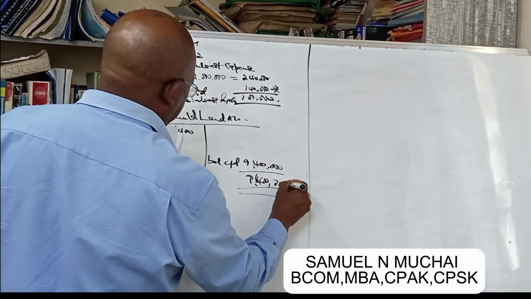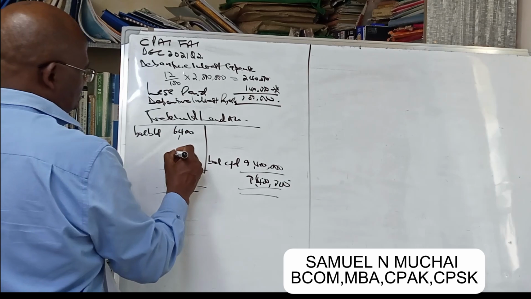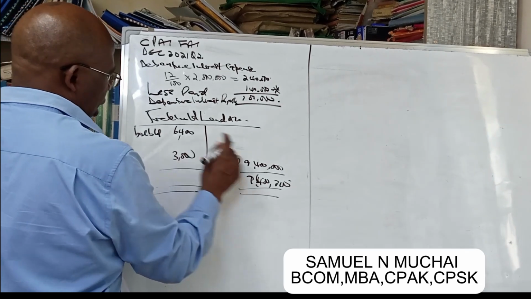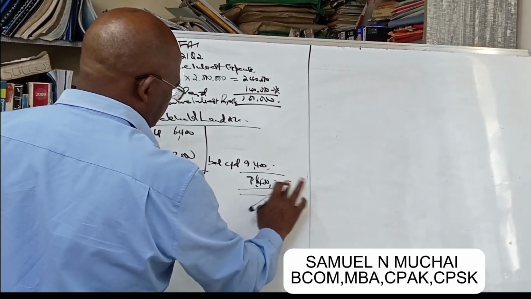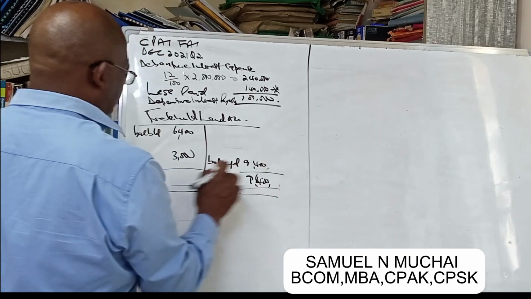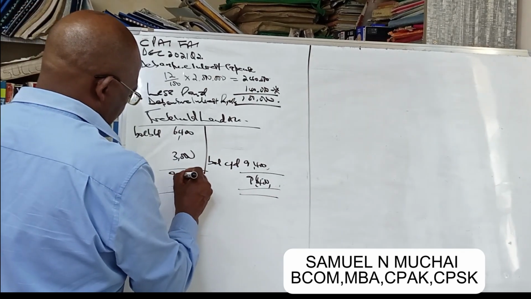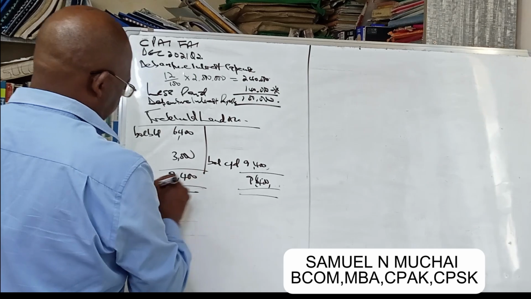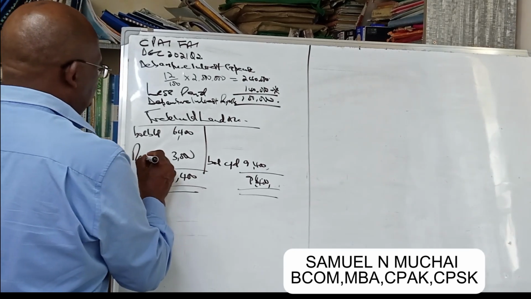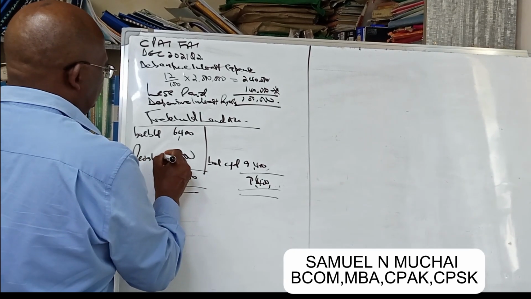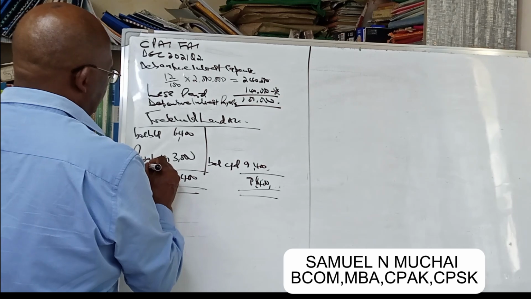That therefore means, if we were to say shillings in thousands, we are revaluing it upward with 3,000, so that now we get 9,400,000. This goes to revaluation reserve.